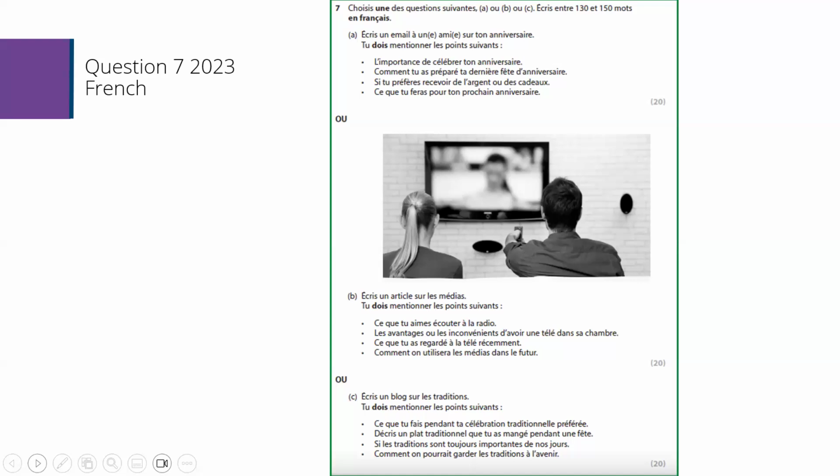So what you will notice is that the elements of the task are always going to be similar. So we've got personal experience, we've got a view about a topic, we've got past and we've got future, but they don't necessarily appear in the bullet points in the same order. Now, students can choose to write about those bullet points in whatever order they want.